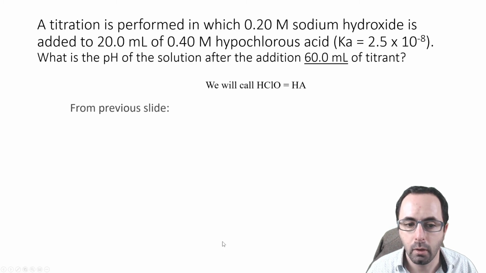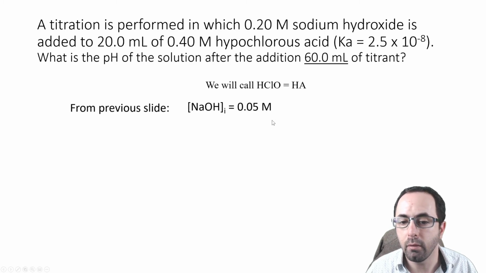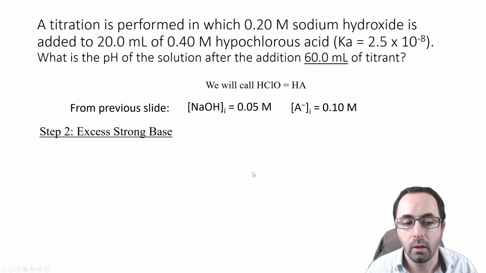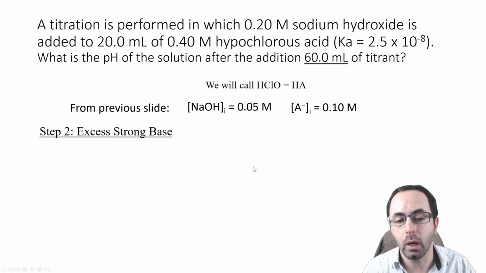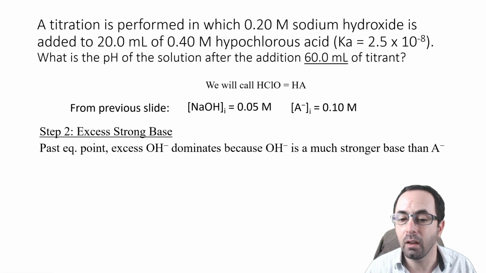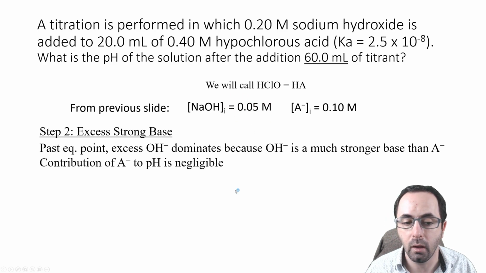So from the previous slide, we have 0.05 molar hydroxide ions and 0.1 molar of the conjugate base. We have excess strong base because we're after the equivalence point. Past the equivalence point, the excess hydroxide dominates because hydroxide is a much stronger base than the anion. If we want the pOH, we just take the negative log of the hydroxide concentration. The contribution of the conjugate base is negligible.